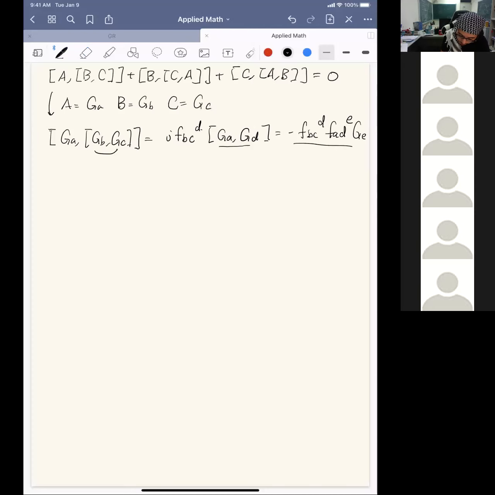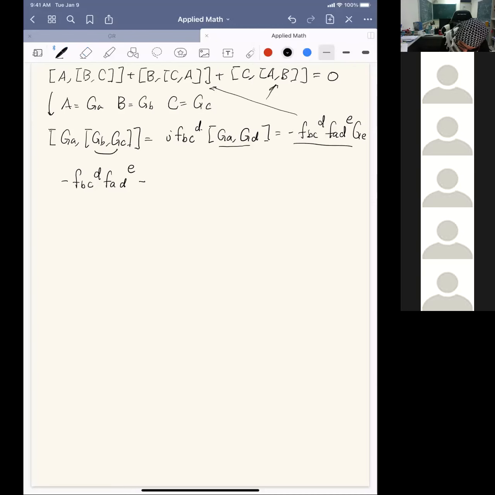So this is the result of applying the commutator, and then I can just plug this result into the other terms with ABC permuted. So I get the identity: minus f^{BCD} f^{ADE}, minus, okay, maybe let me just do this carefully.